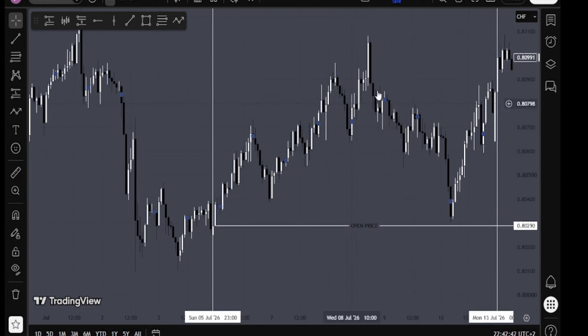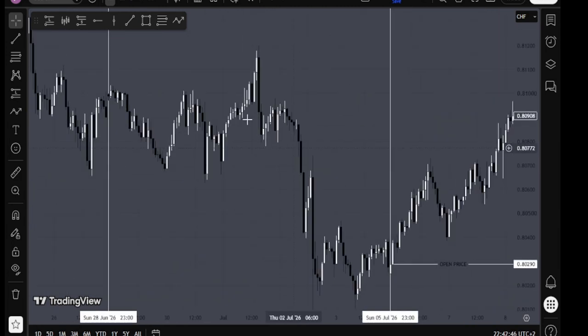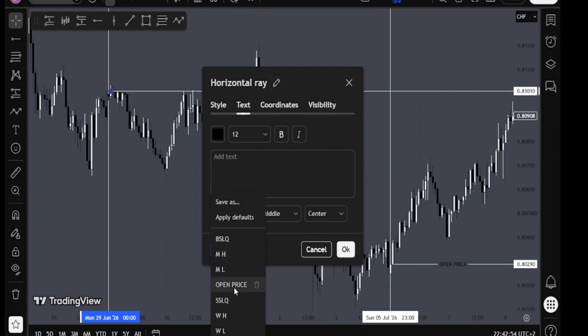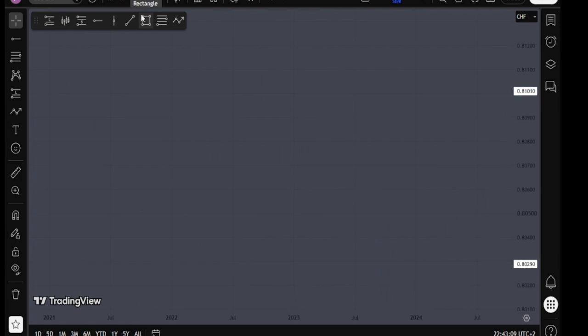Here's our opening price again. On the daily, for daily buys, we mark the daily high and daily low.